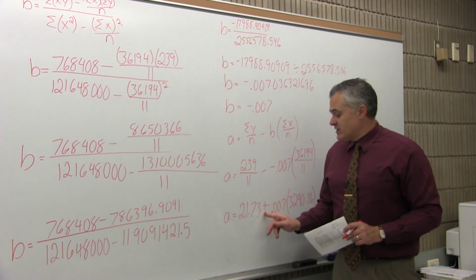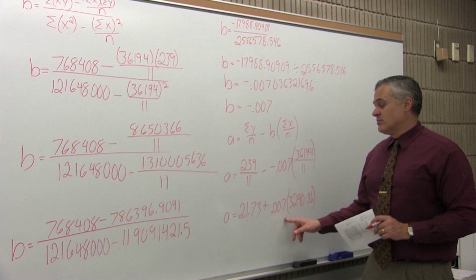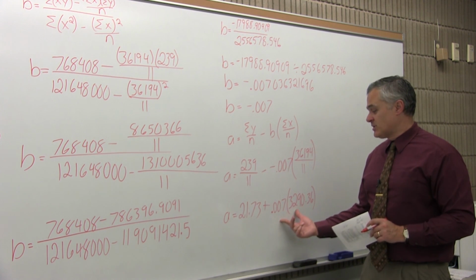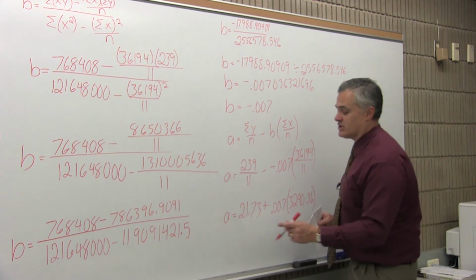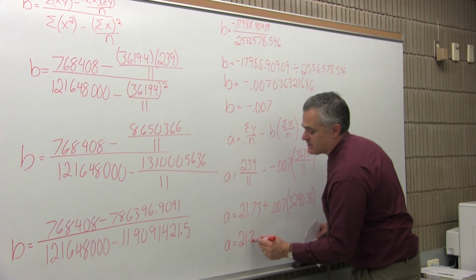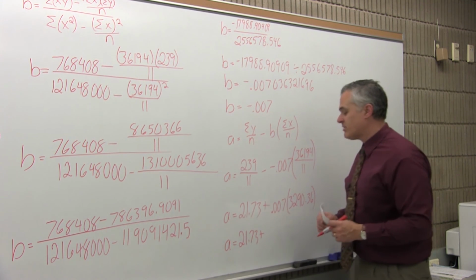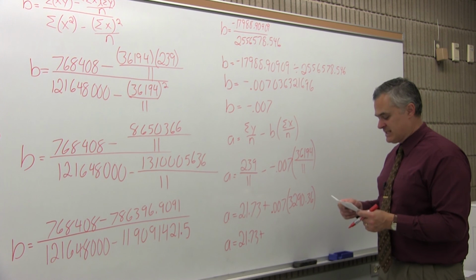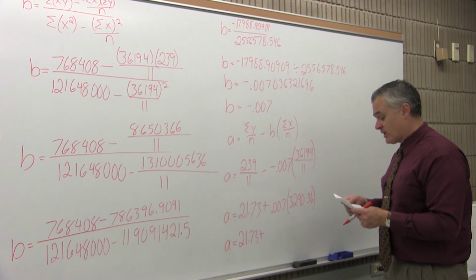So now we have an addition and a multiplication to do. The order of operations says we have to do the multiplication first. Get an answer for the multiplication first, then I can do the addition. So a equals 21.73 plus, when I multiply 0.007 times 3290.36, that comes out to 23.04.